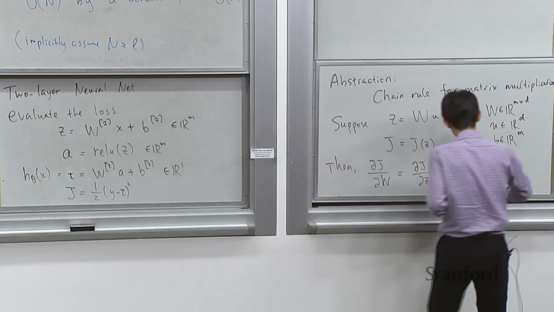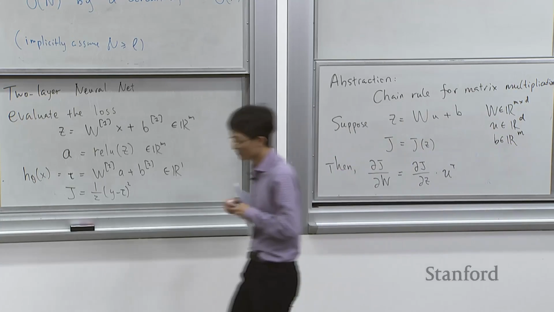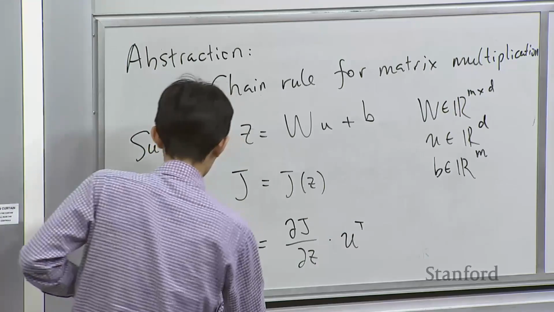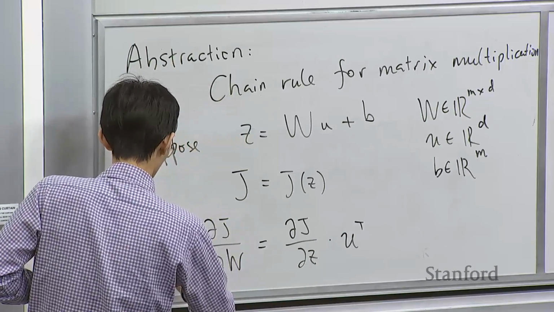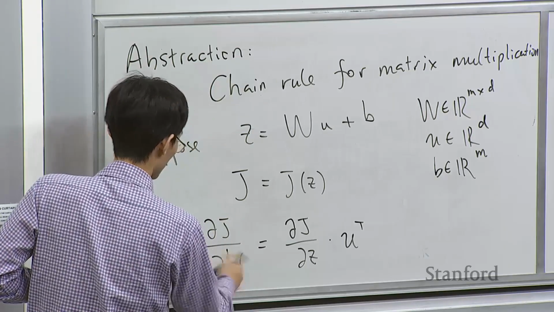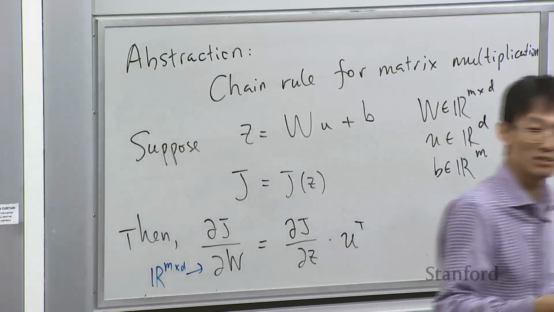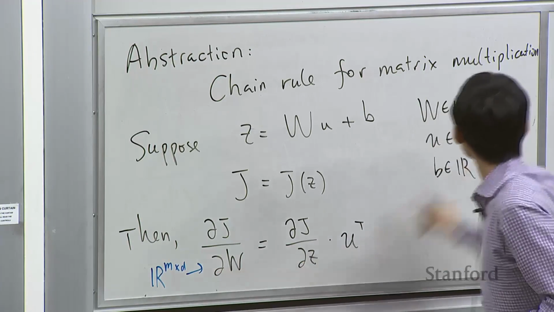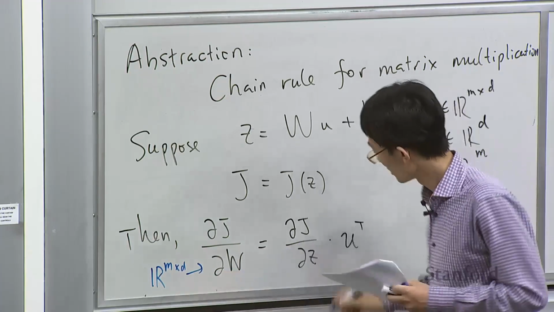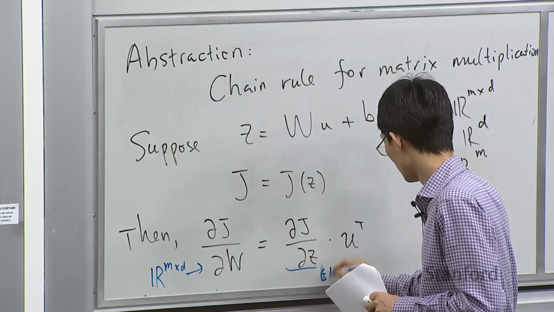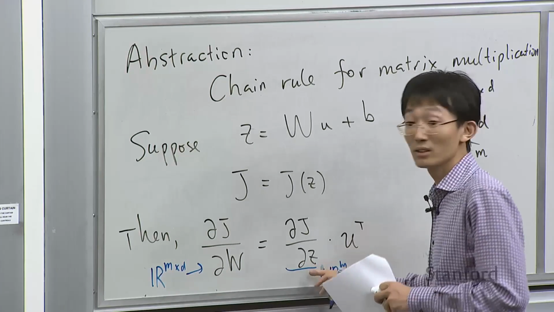Maybe just to make sure you are convinced that the dimensions match. This is supposed to be in R to the M by D, because the derivative, as I said, should have the same dimension as the original variable W. W is M by D, so this is M by D. And this is in R^M, because Z is an M-dimensional vector.